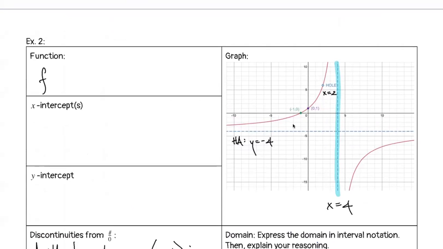So we can say f of x equals, I'm going to put a long fraction line, and I'm going to have my x minus 2 over x minus 2. That gives me the hole that we had here. I'm going to put the x minus 4 in the bottom. So that's where our vertical asymptote is.